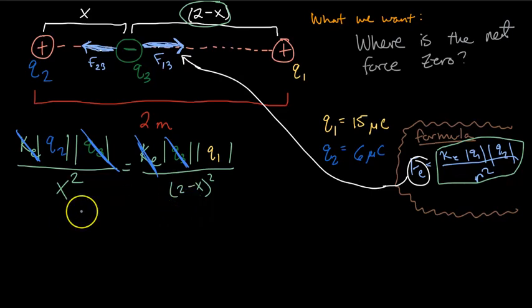And once we do our cross multiplication, we should get our Q1 over our Q2 equals our 2 minus x quantity squared all over x squared.